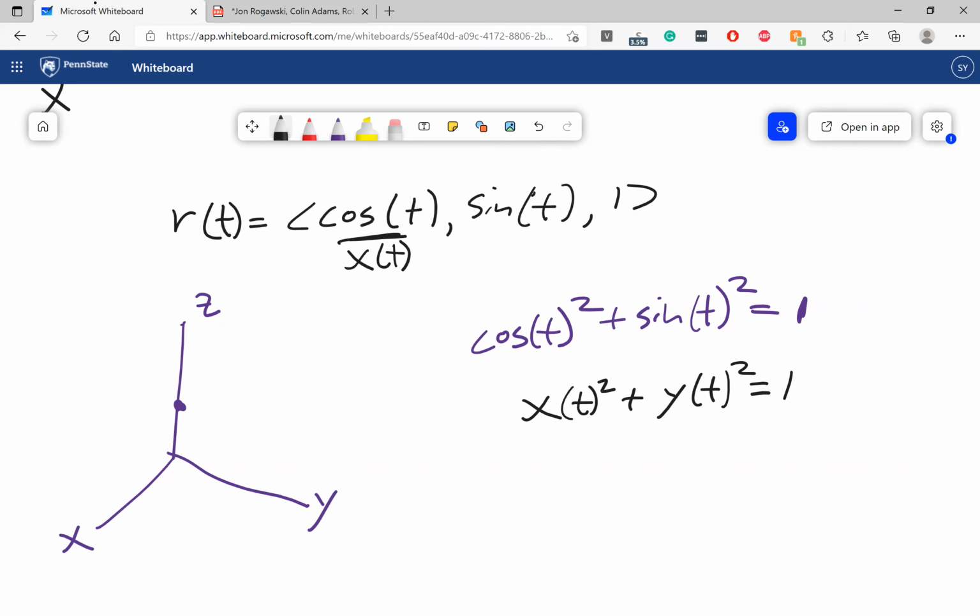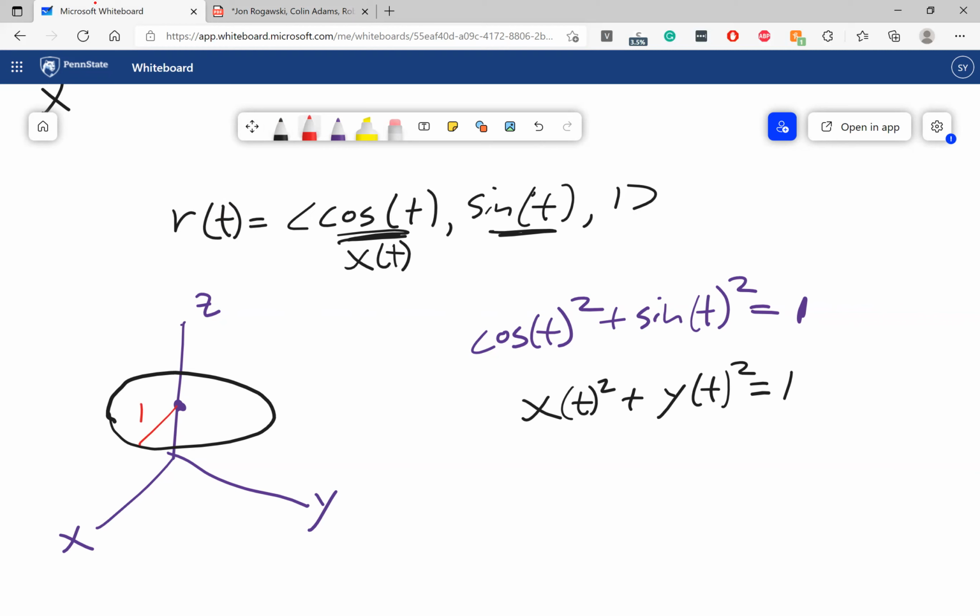For these dimensions, because this over here is cosine and this is sine. If you take your x and your y and you square both of them and you get 1, then you know that you have a circle. So you get some circle over here with radius 1. And that's the curve that this traces out.